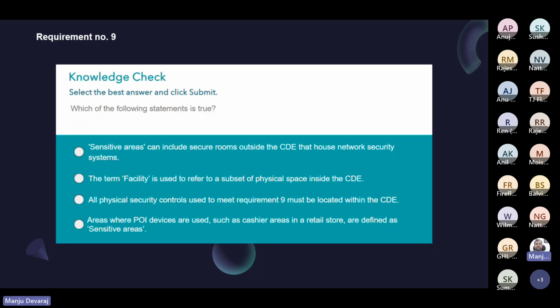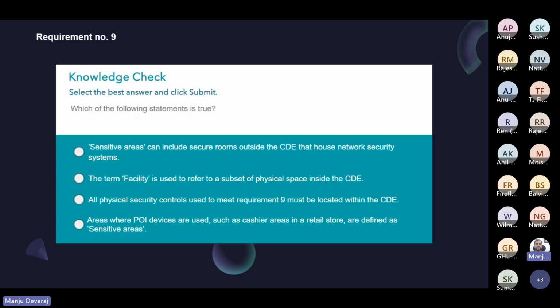Which of the following statements is true? I've got 30 minutes. Physical security control used to meet requirement number 9 must be located... No. I think the areas where POI devices are used, such as cash areas and retail stores, are defined as sensitive areas.